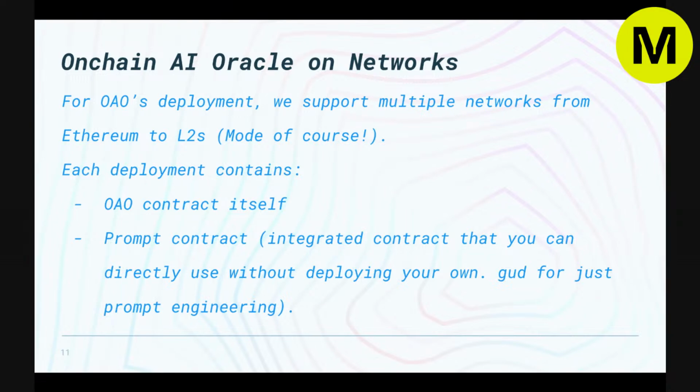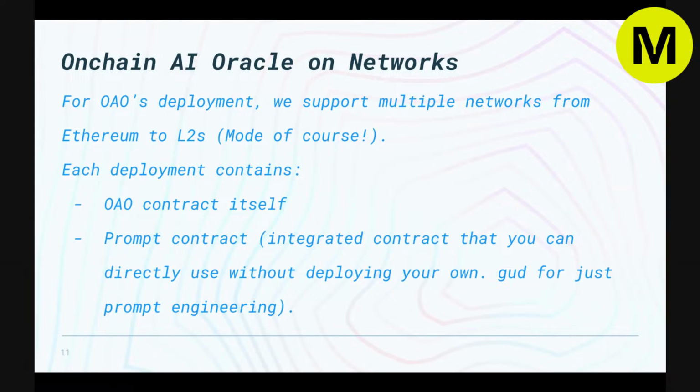And for each deployment, we also additionally offer the prompt contract. It is kind of like a minimum implementation of integrating with OAO that you can just directly use the prompt contract to build your own AI apps.